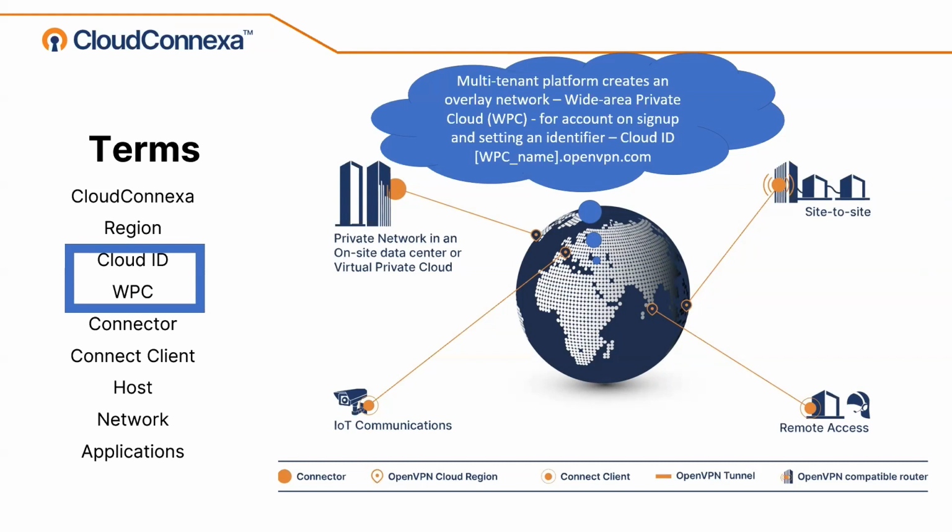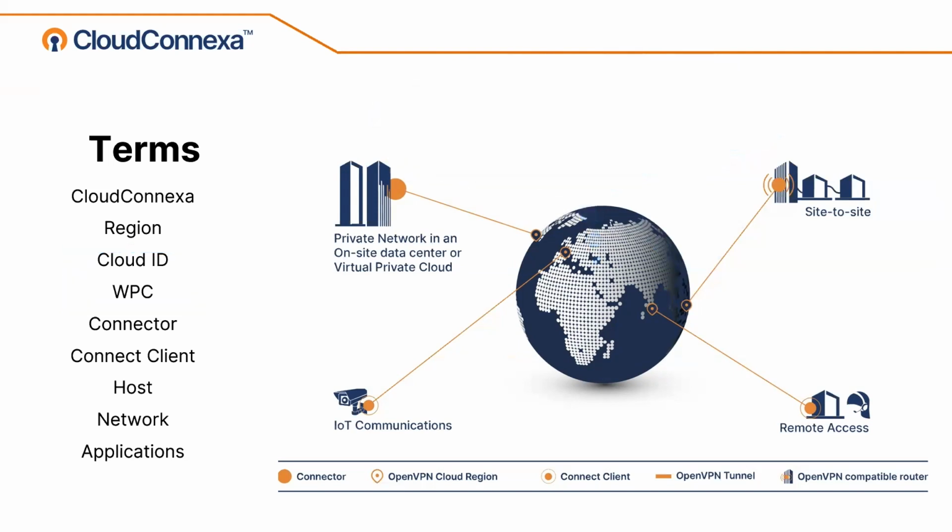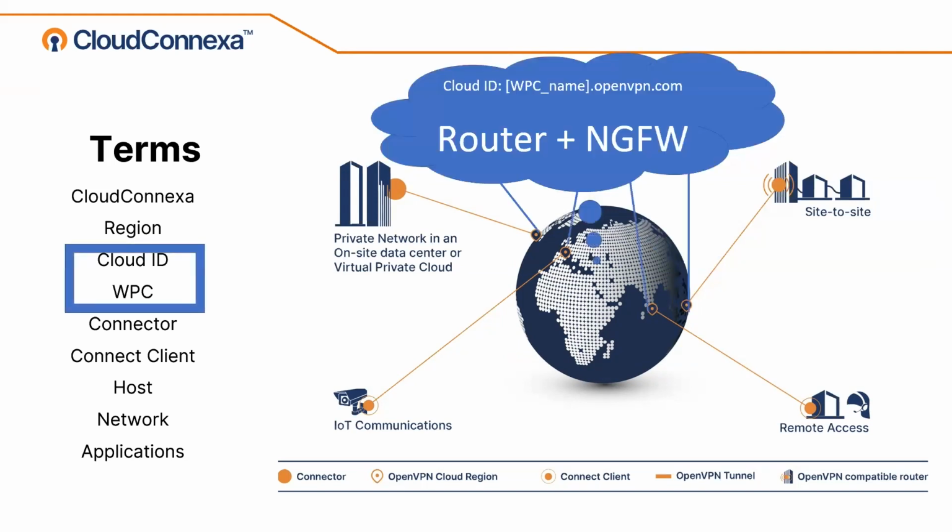So we do not spin up any dedicated servers. And we identify each of these overlay networks that are created by a Cloud ID. So Cloud ID is the unique identifier. Here you see it's of the format wpc.name.openvpn.com. So you can think of it as a subdomain, which is uniquely provided to your overlay network.